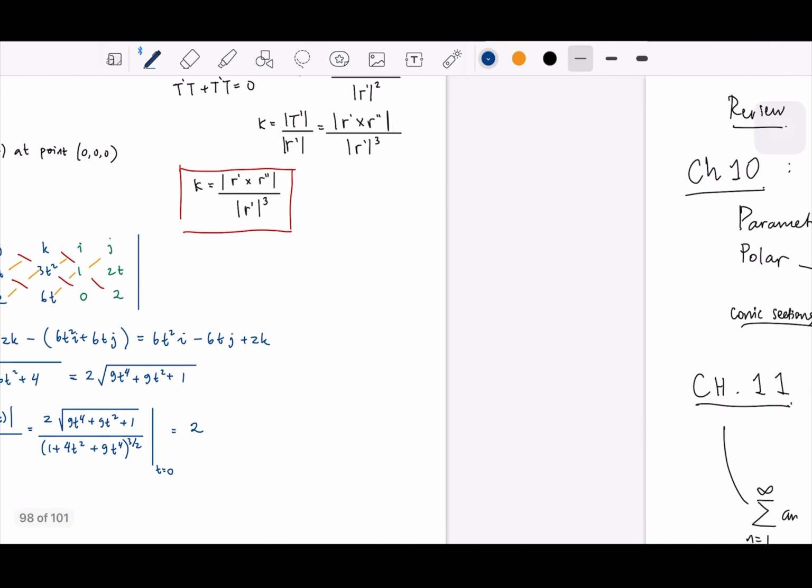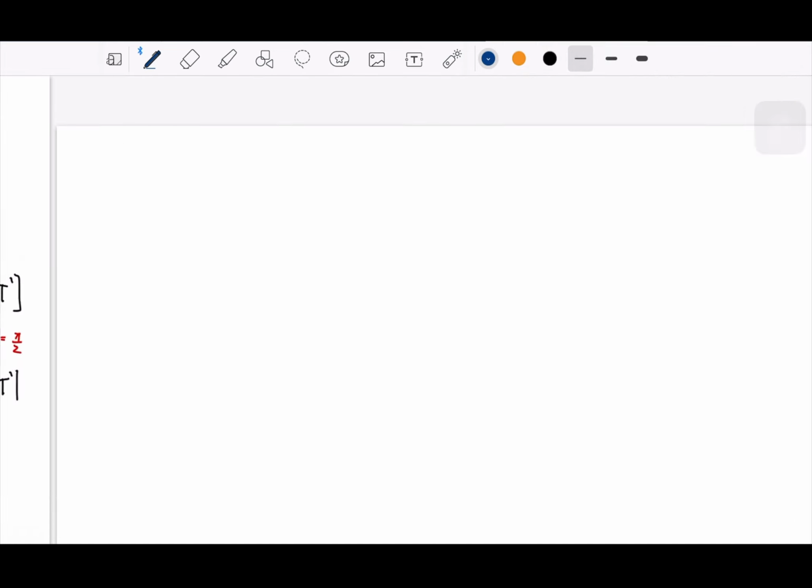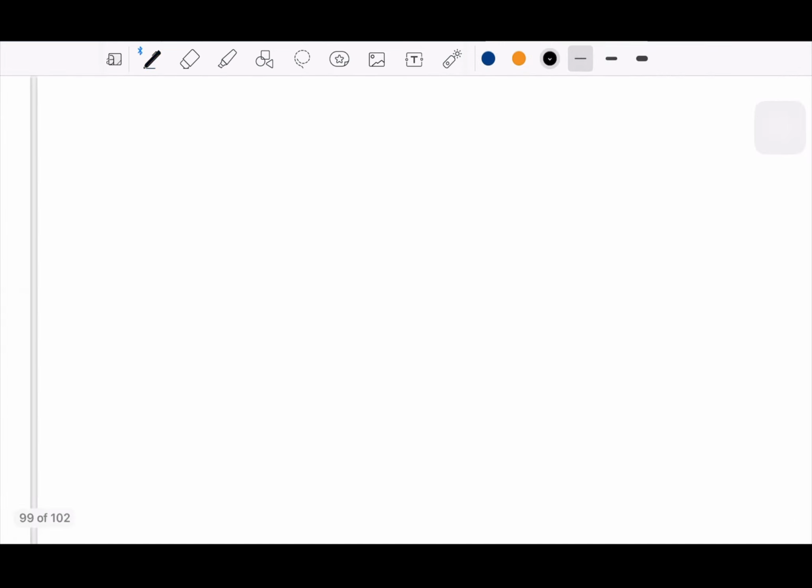Let me go into the new one. Okay, so for example, for y equal f of x, our usual functions in Calculus 1, right?